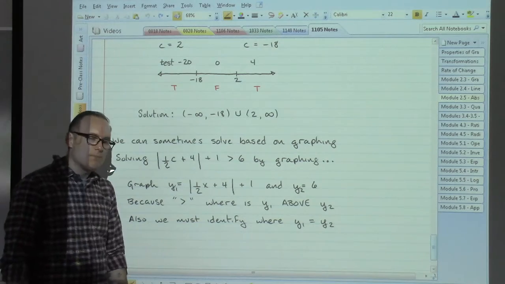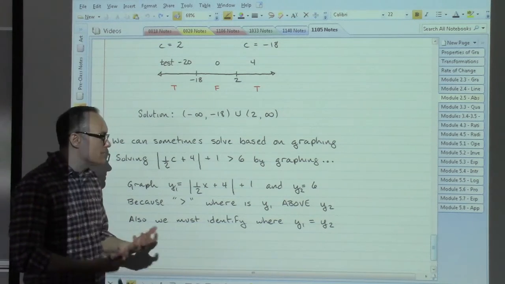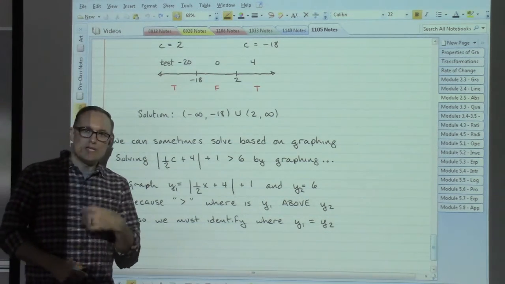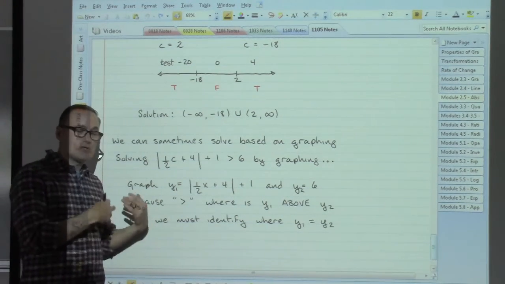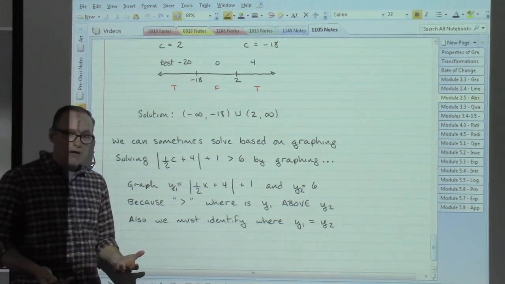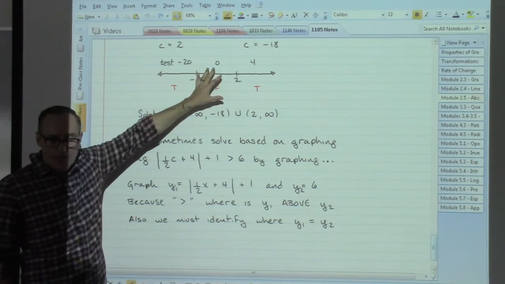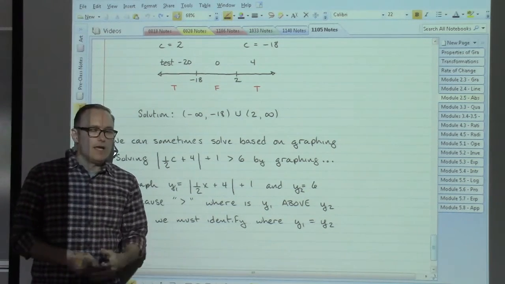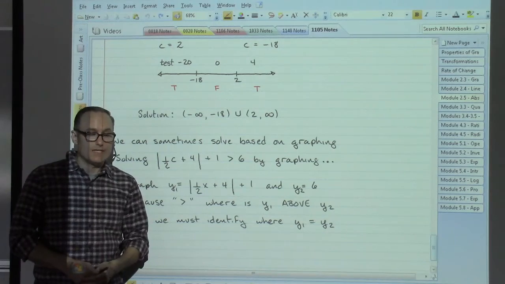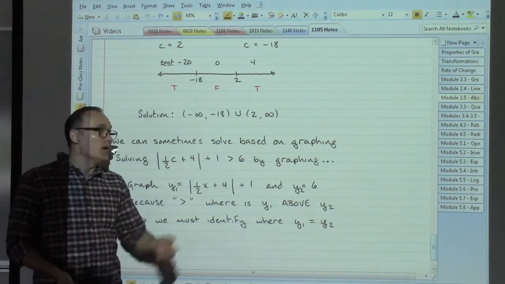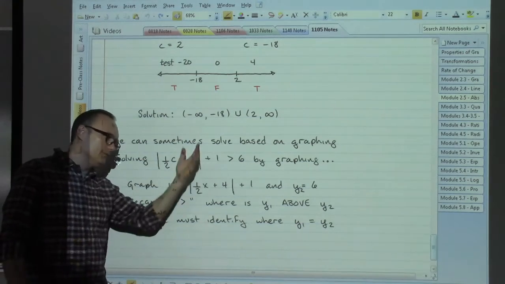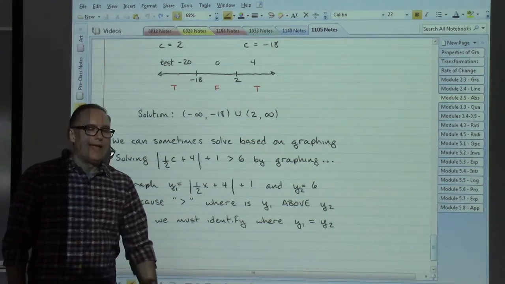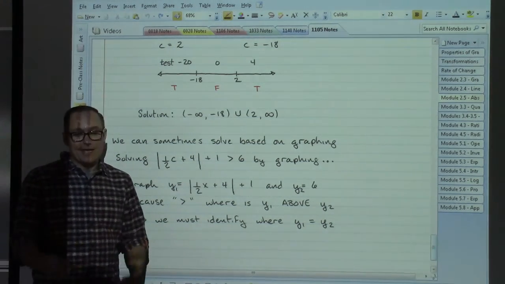So we do have to keep in mind that there might be those limitations. If you can use it and you want to use it, go right ahead. If you can't use the graph, if it's just not working out for you, you've got to revert back to that test point method. And of course, if the instructions specifically tell you, do this with algebra, do the test point method, or do this graphically, do it graphically. And if they don't say anything about it, again, take your pick.